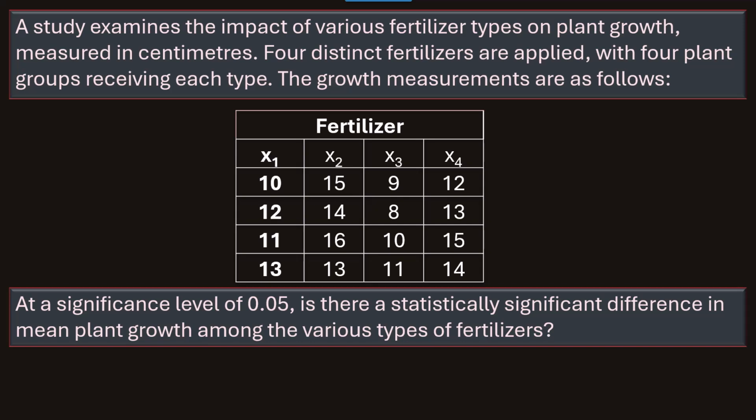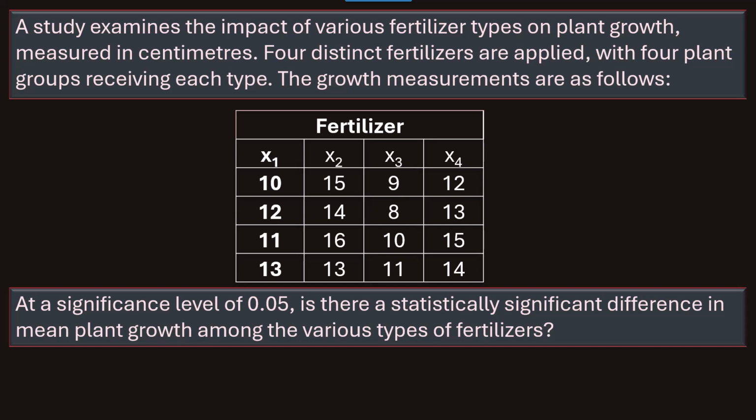Fertilizer wise: X1: 10, 12, 11, 13; X2: 15, 14, 16, 13; X3: 9, 8, 10, 11; X4: 12, 13, 15 and 14. At a significance level of 0.05, is there a statistically significant difference in mean plant growth among the various types of fertilizers?